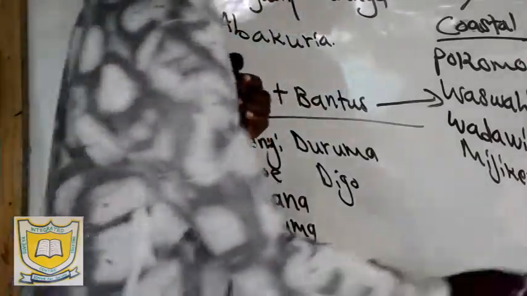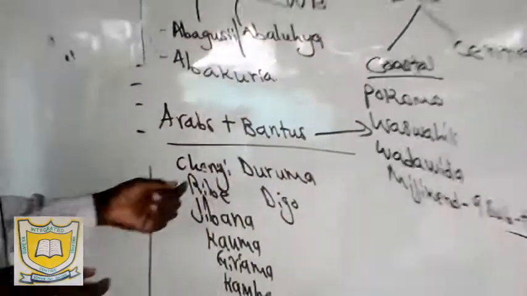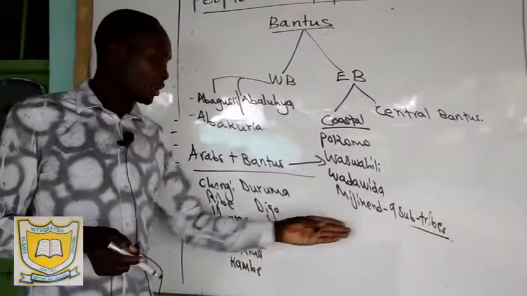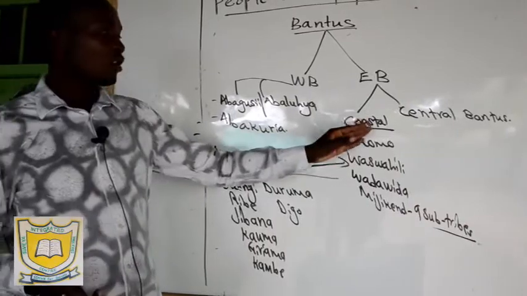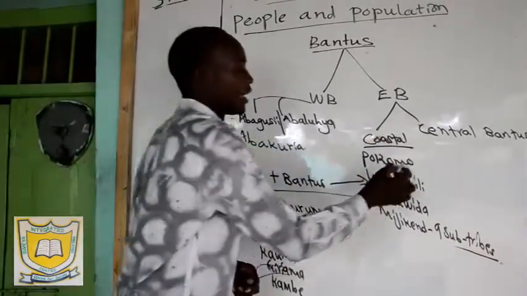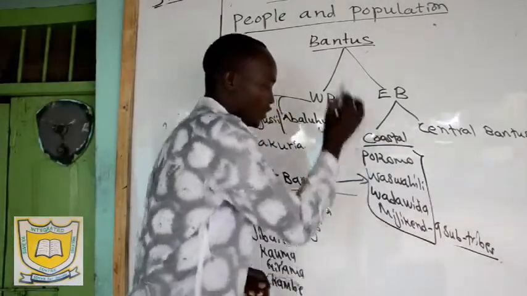It means nine sub-tribes. Some of the sub-tribes that form the Mijikenda community are here. So these are what we call the coastal Bantu.